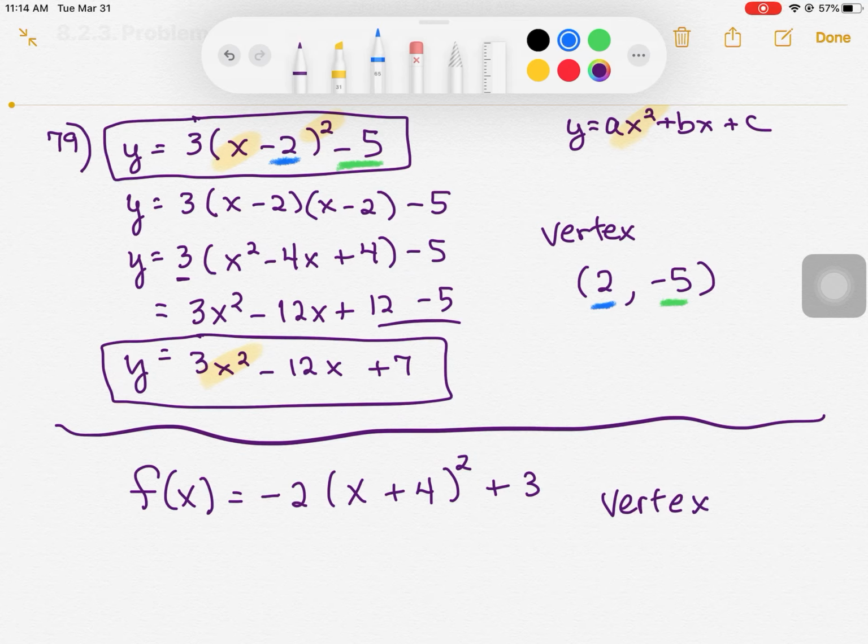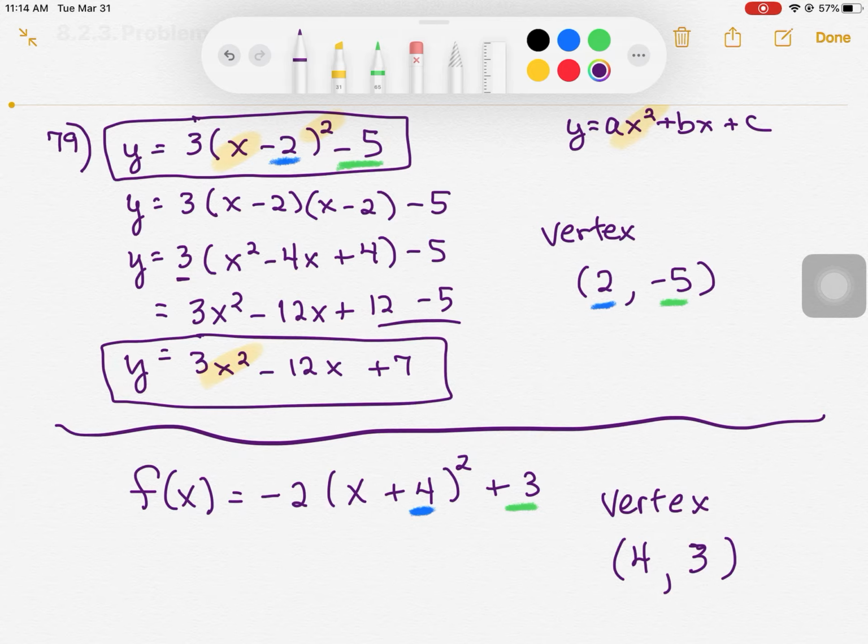If we try and create the same thing, it was this that was our x coordinate, so 4, and it was this number that was our y coordinate. So I'm going to predict that it's 4, 3. That's my prediction.